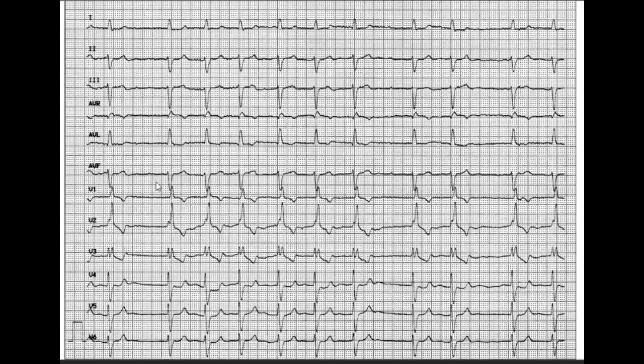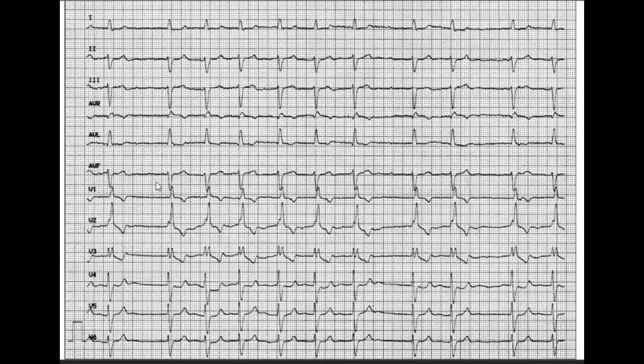I don't know if you can see it well, but check V1 and V2 for both. You can see some RSR pattern in V1 and V2 mainly. And in V6, you can see the deep slurred S wave. So RSR pattern in V1/V2 and deep S waves in V6.